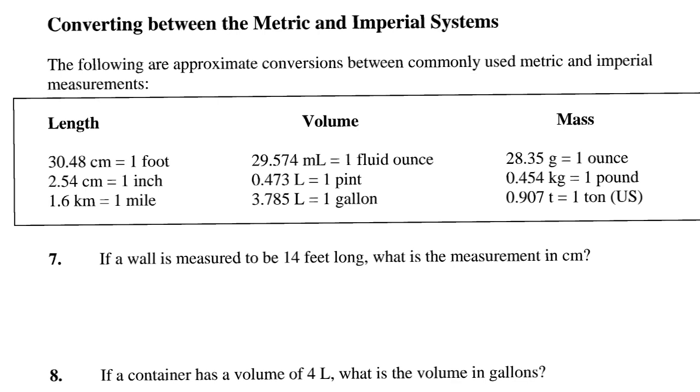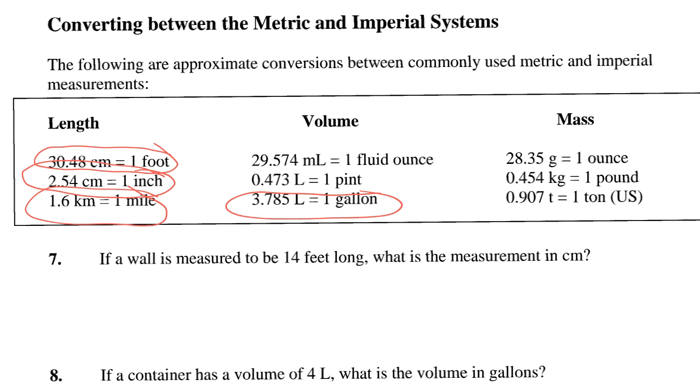Now, some of the more useful conversions that I've seen throughout my life are this one here, 30.48 to 1 foot, 2.54 to 1 inch, and 1.6K to 1 mile. Also, the volume for gas, you want to look at this.